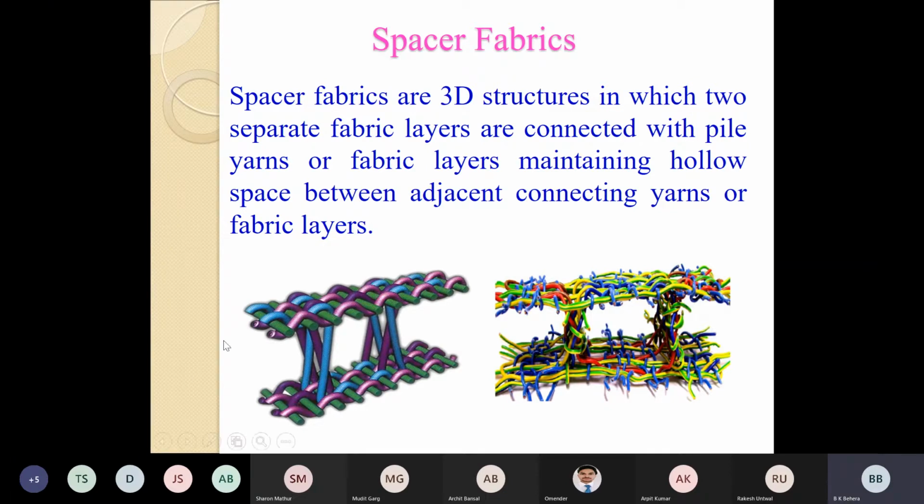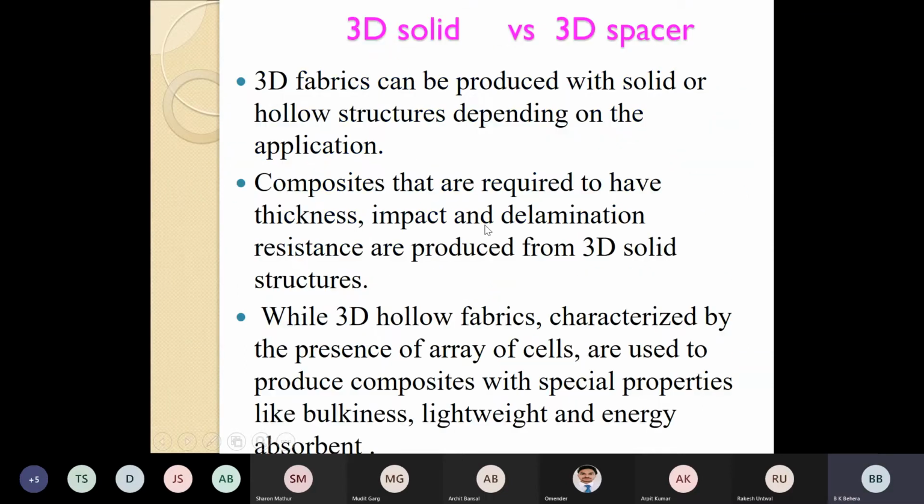As I said, these pile yarns can be a thread or can be a fabric, maintaining hollow space between adjacent connecting yarns or fabric layers. So it maintains a distance. This is the simple definition of spacer fabric.